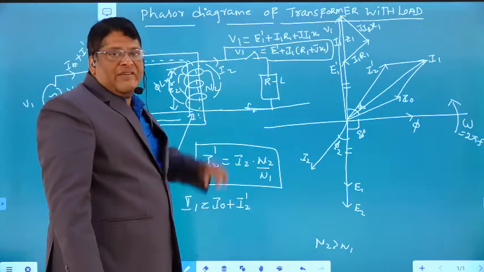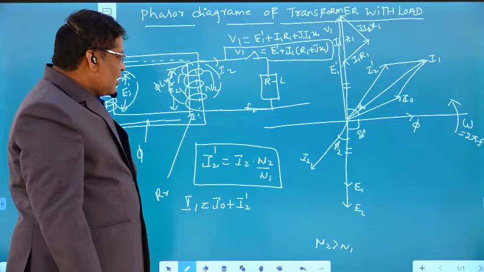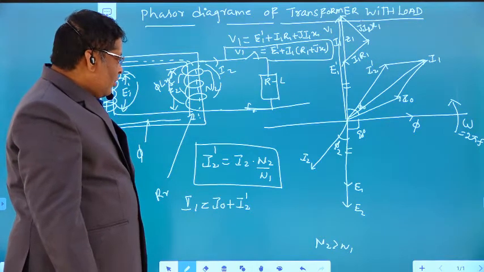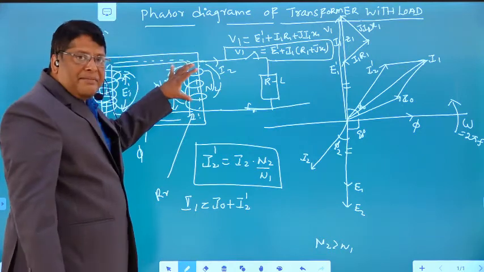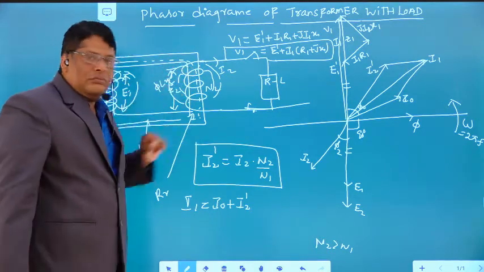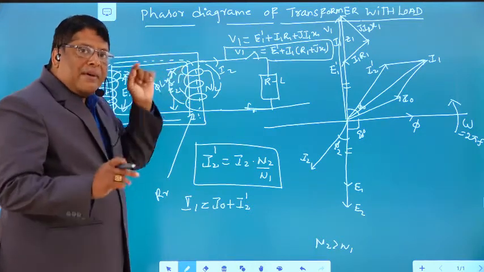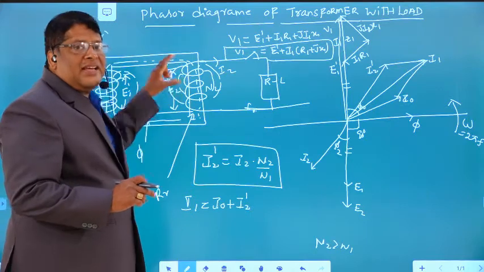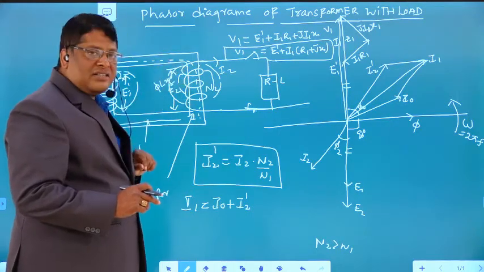Now come to the secondary winding. This is E2. The voltage will be induced in the secondary winding, E2. How is this voltage utilized? Some amount of voltage will drop as a resistance drop because this winding has a resistance, nothing but I2 R2.